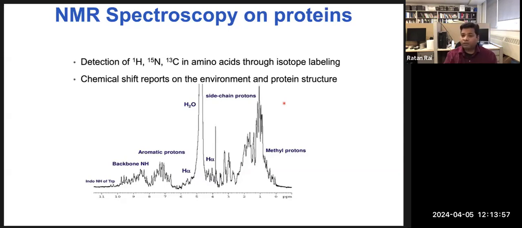But if you're not looking for analysis of the structure or the dynamics of the protein, then you don't have to label it. Suppose you want to screen your compound, whether your small drug is interacting with the protein or not, then you don't have to label it. But if you want to learn about the structure and the dynamics of the protein, how it moves, where the binding pocket is, then we need to label it. Does that answer your question?